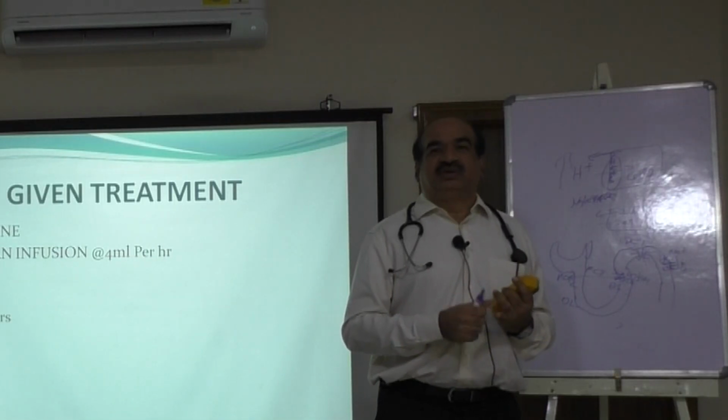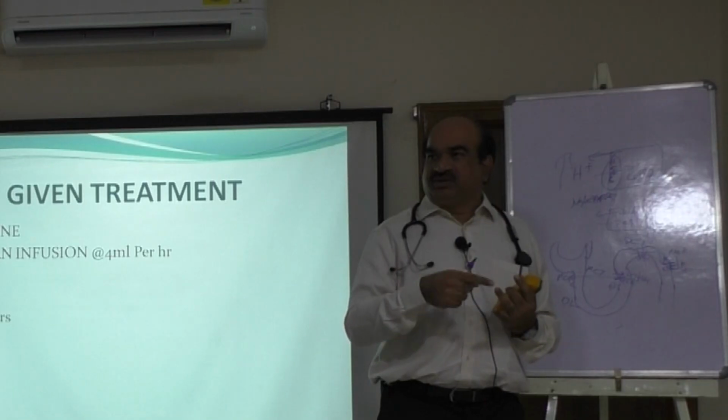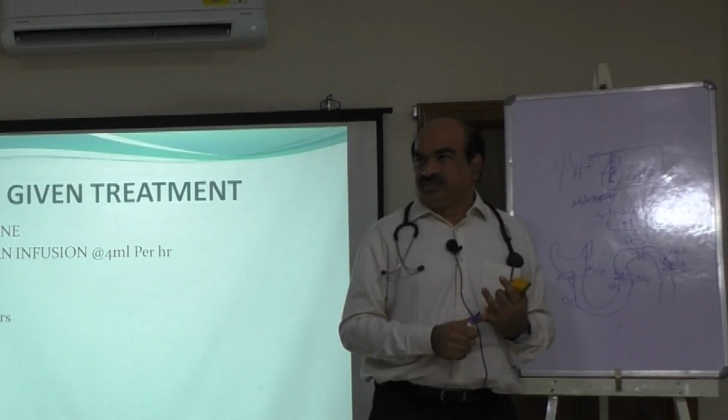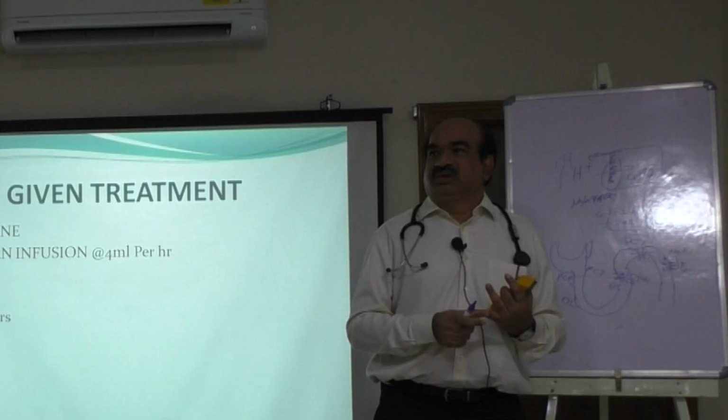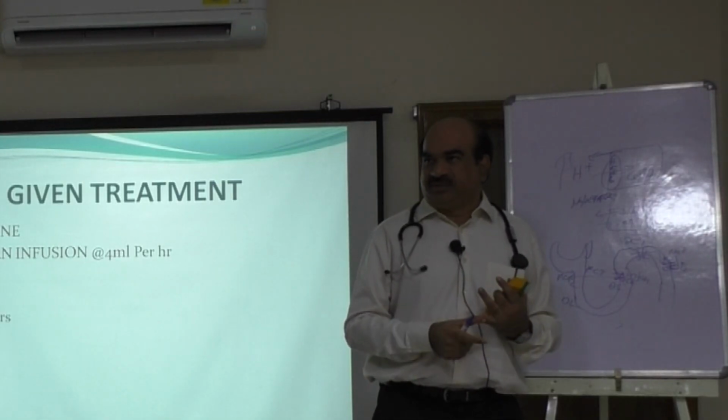Secondary causes means malignant hypertension, hypovolemia, renin secreting tumors, renal artery stenosis, all will cause increased aldosterone levels. Even in Cushing syndrome, cortisol has mineralocorticoid activity.